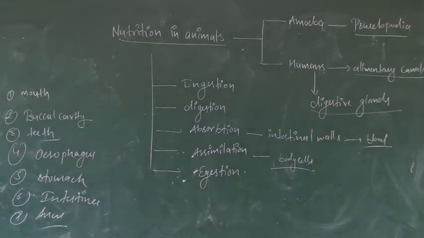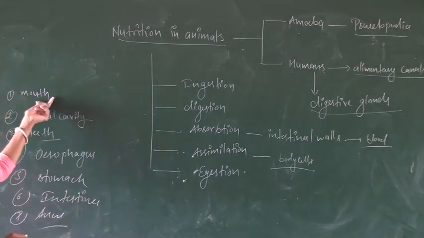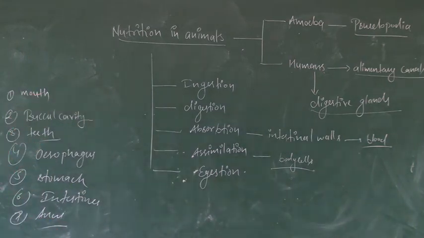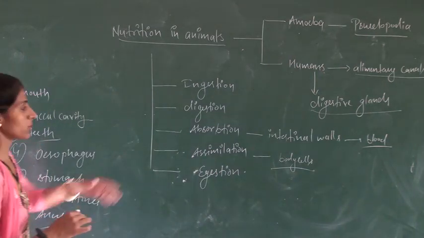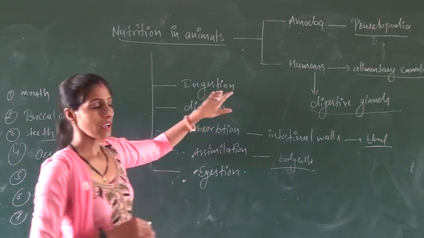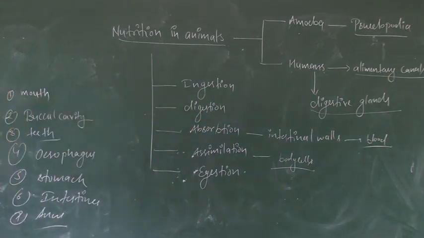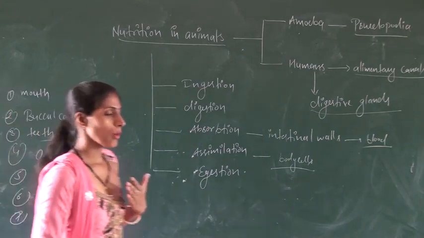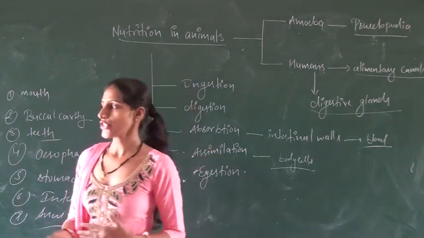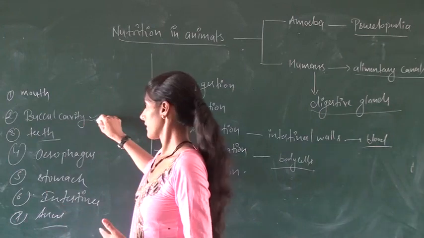First, the mouth. Mouth is the organ in which food is taken in, means the ingestion process takes place in the mouth. After that, the mouth opens into a chamber which is known as the buccal cavity.